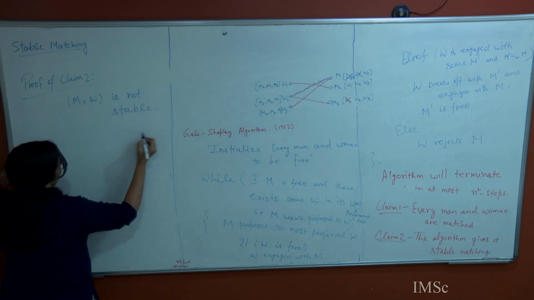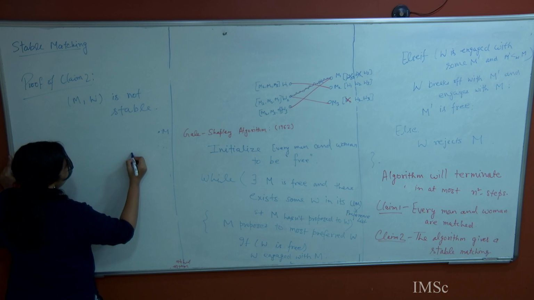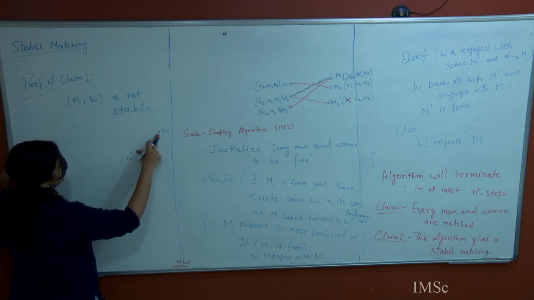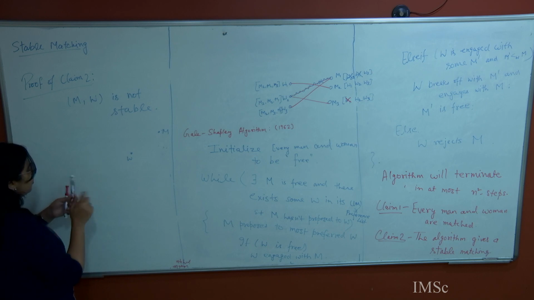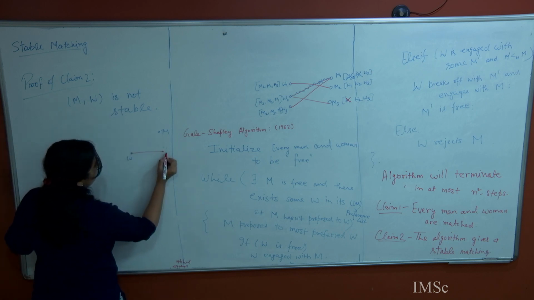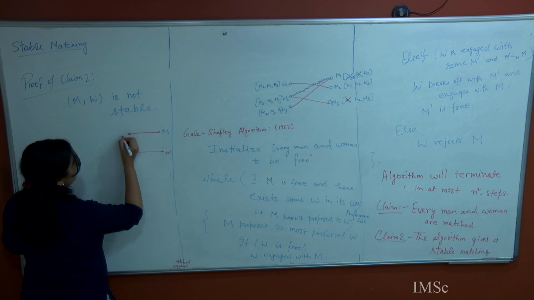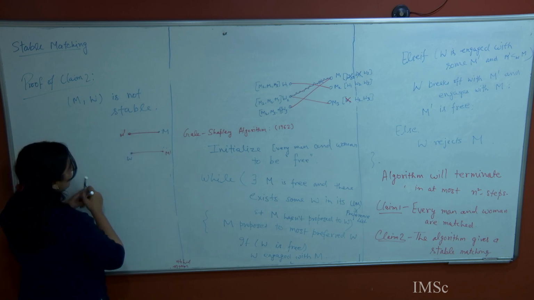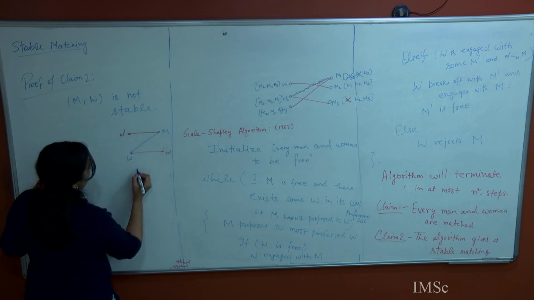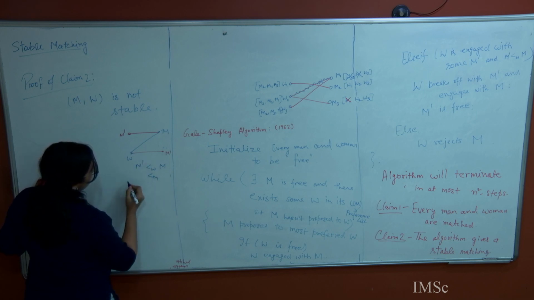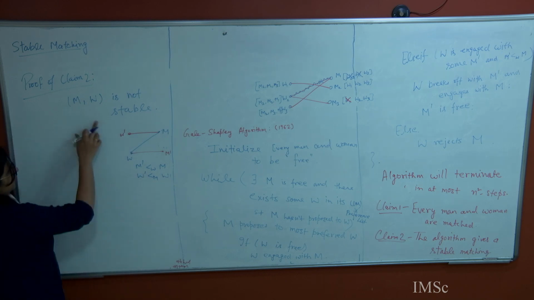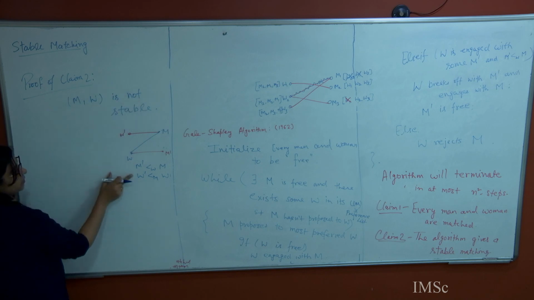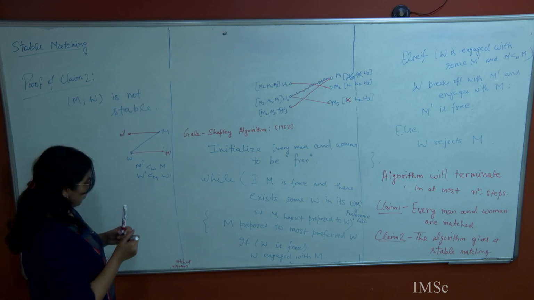That this is my M and this is my W. This is a pair which is not stable, that means W is matched with some M prime, M is matched with some W prime, and W prefers M more than M prime, and M prefers W more than W prime. Okay. So, MW is not stable means this thing.